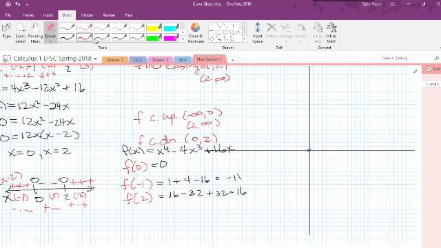It's being very glitchy today, sorry about that. Okay, and then 2, 16. All right, and now we need to fill in the gaps in between.